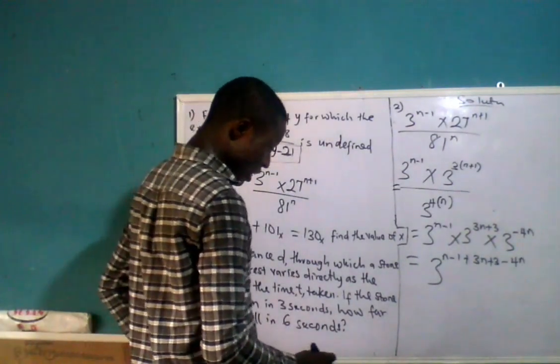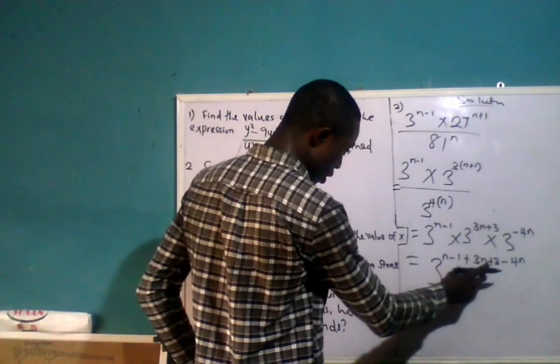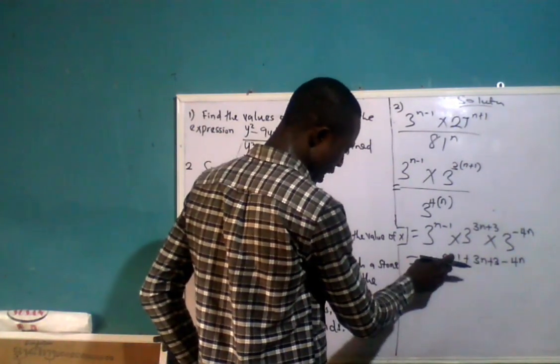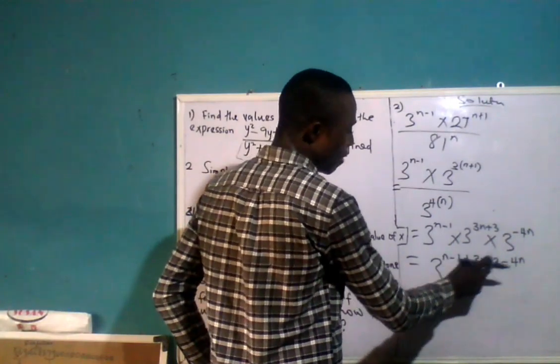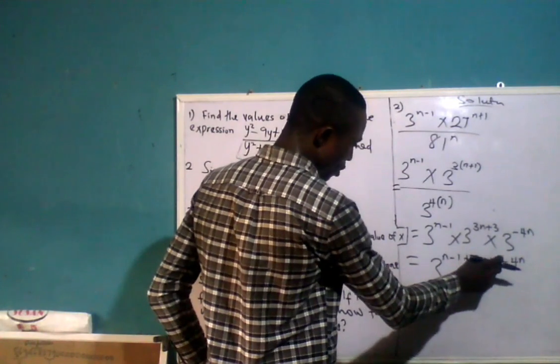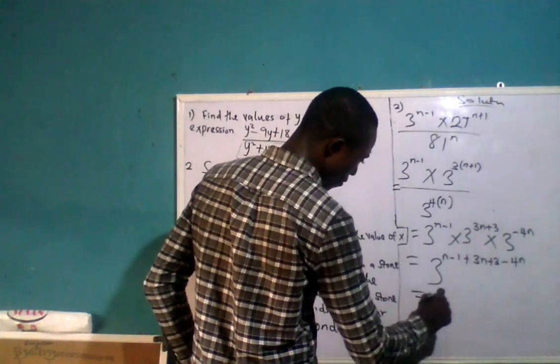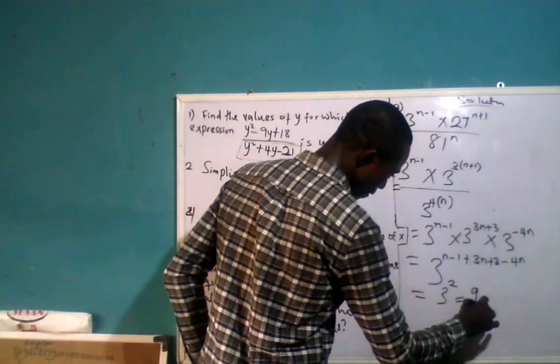Let's collect the like terms. You have n plus 3n, that's 4n. Now 4n minus 4n will be 0. Negative 1 plus 3 is 2. So you have 3 raised to power 2, and that gives you straight away 9.